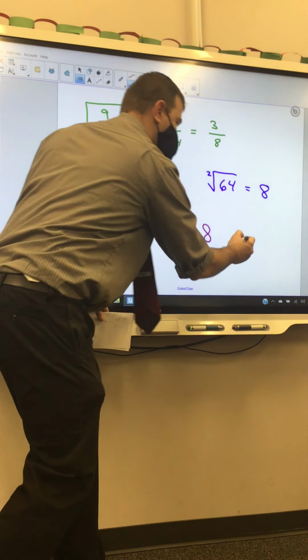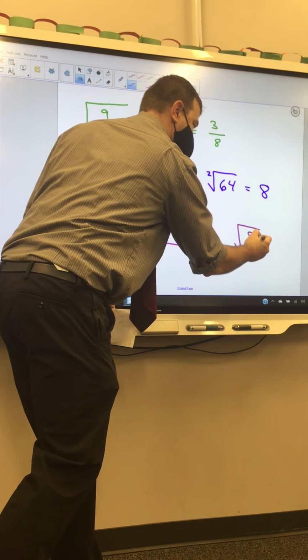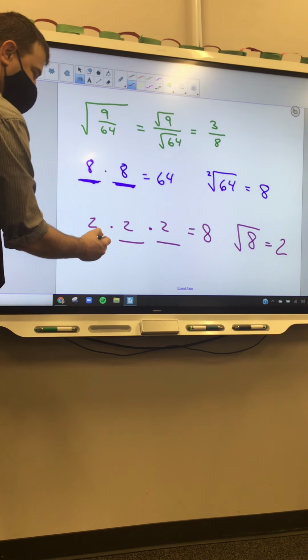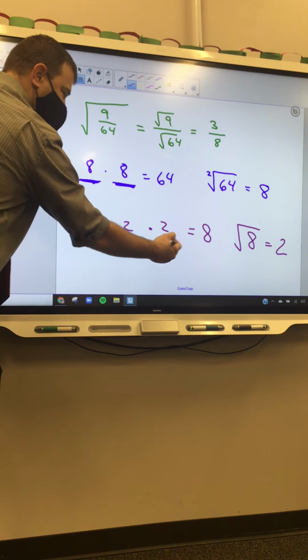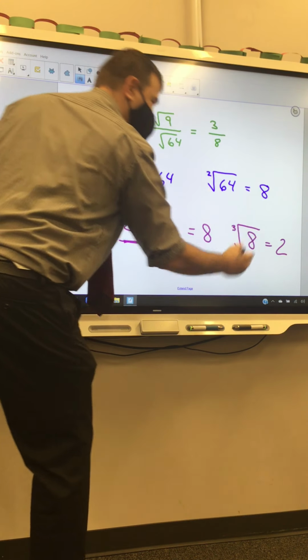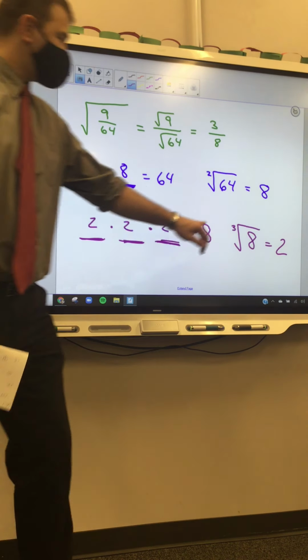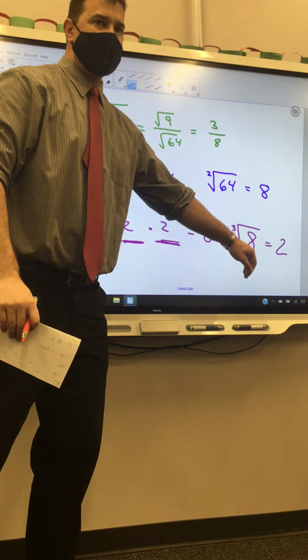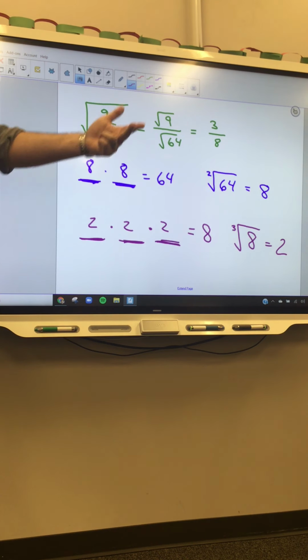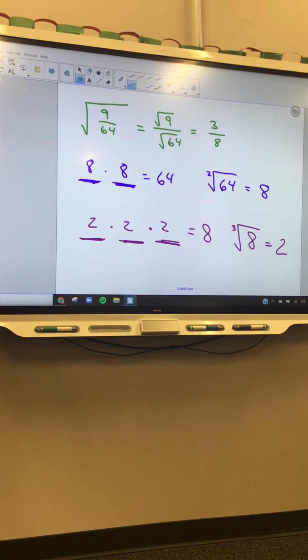Now I can't say that the square root of 8 is 2, because I took it not just twice, I took it 3 times. What I can do is put a little 3 here. And the way I would read this is the cubed root of 8 is 2, because 2 times 2 times 2, that's 3 times, gets me up to 8.